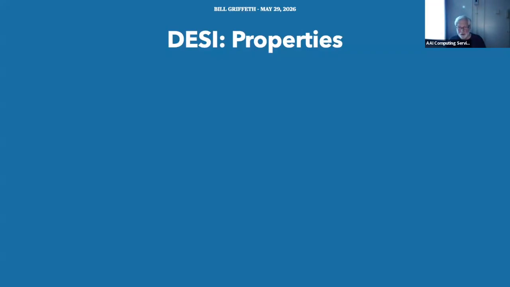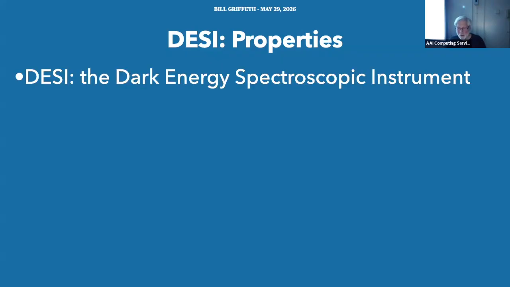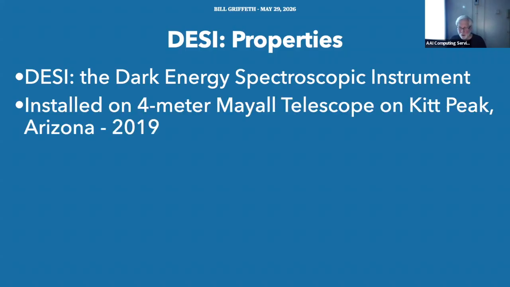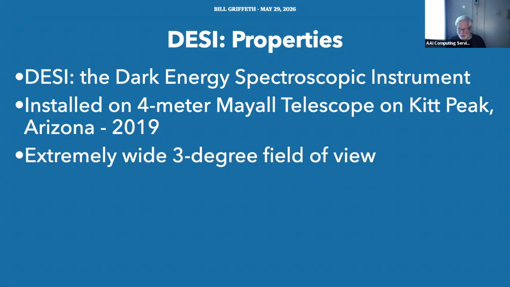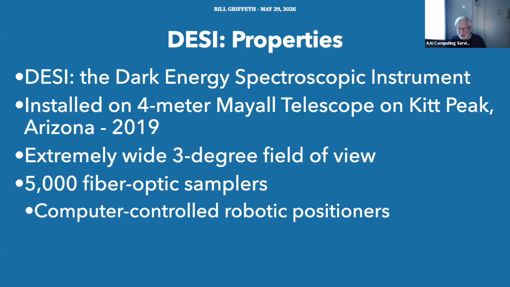Let's look at some of the properties of DESI. It's, as I said, the Dark Energy Spectroscopic Instrument installed on the 4-meter Mayall telescope on Kitt Peak in 2019. DESI has that extremely wide field of view that I mentioned, 3 degrees, and the 5,000 fiber optic samplers with their computer-controlled positioners.